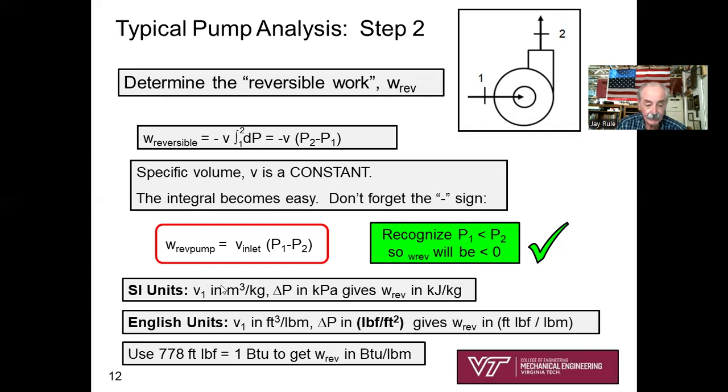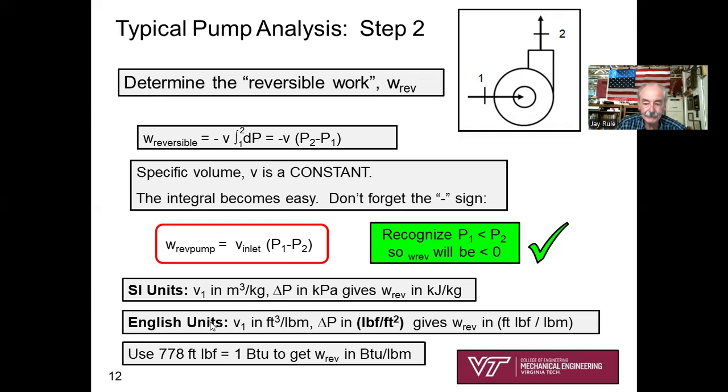All right. So in SI units, V1 is going to be in cubic meters per kilogram. And delta P is going to be in kPa, kilonewtons per square meter. And so if you use those units, cubic meters per kilogram and kPa, you're going to get W rev in kilojoules per kilogram if you're in SI.